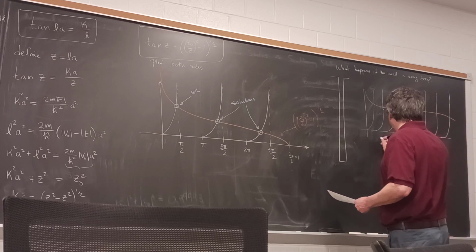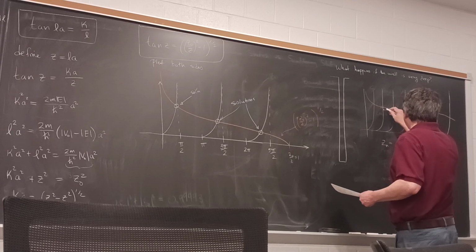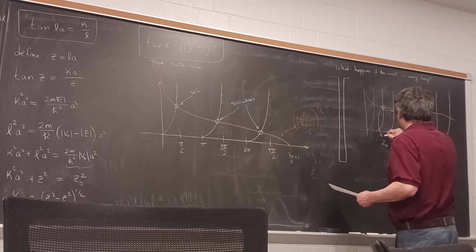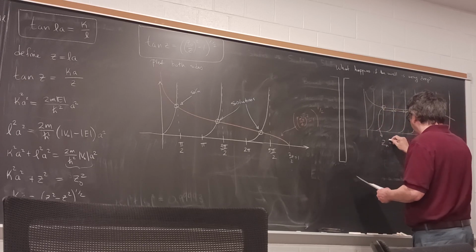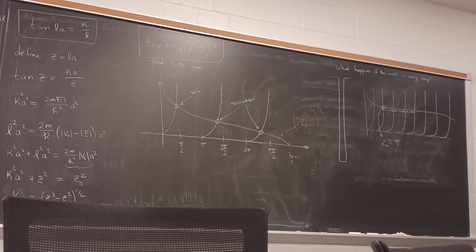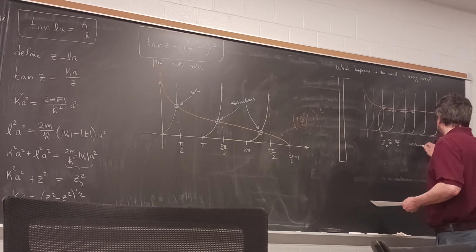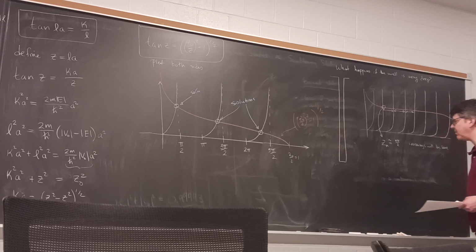So if we have here the Zn, there'll be something like n pi over 2. That's where the crossings will be, at n pi over 2 in Z.